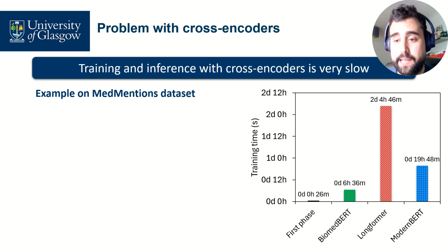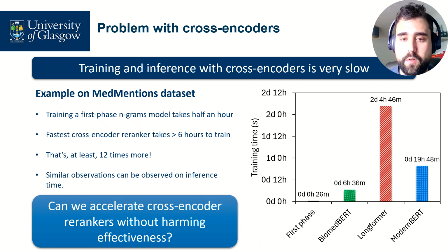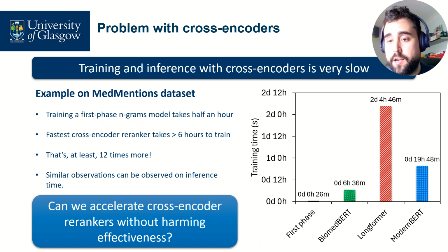But under the same hardware settings, the cross-encoders took from 6 hours to more than 2 days to train. Although lower in magnitude, as inference is faster, similar observations could be obtained during inference. Therefore, we wonder whether we could accelerate the training and inference of cross-encoders for the task without losing accuracy.